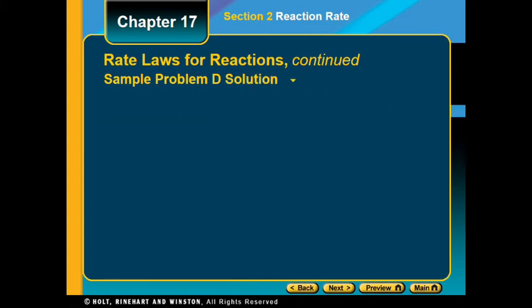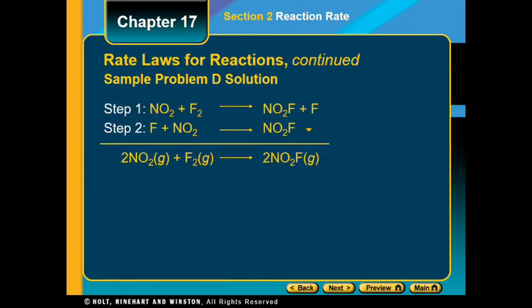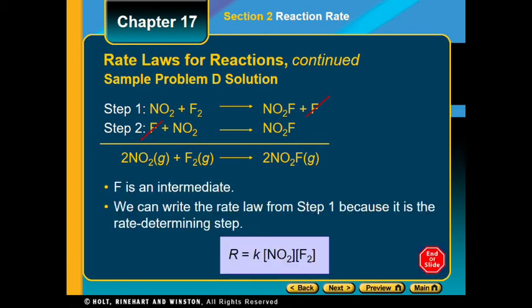As I look at this final reaction at the bottom between the two steps, we have an intermediate, which is the F, so we will mark out our F. We'll write the rate law from step 1 since it's the slow step, and you get K times the concentration of NO2 and F2. Both of those are to the first power.